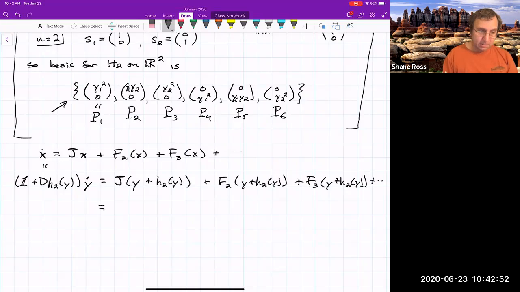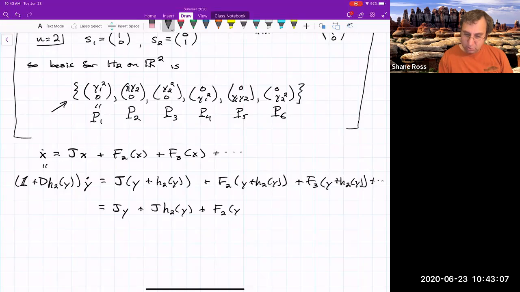So what does this become? This becomes j times y plus j h2y plus f2y plus, and now we'll write f3 tilde y plus terms of order 4.